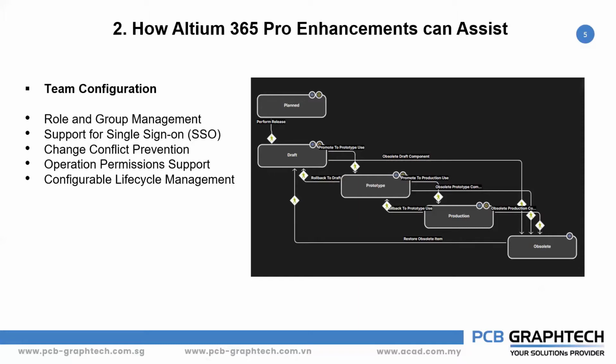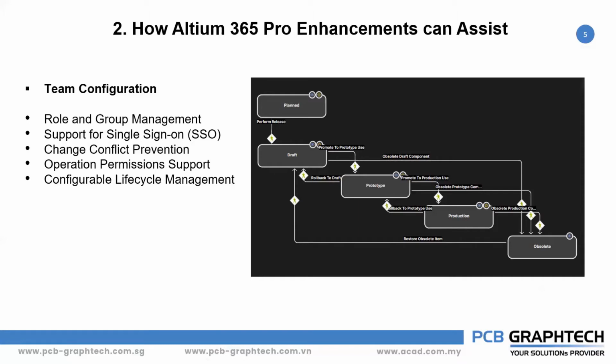When you're designing a schematic sheet and you have locked the sheet, and your colleague tries to edit the locked sheet, the information will be sent to you saying that your locked sheet is being edited by your colleague. So this conflict prevention is done by giving the message to the team members within the organization. So that is about your change conflict.